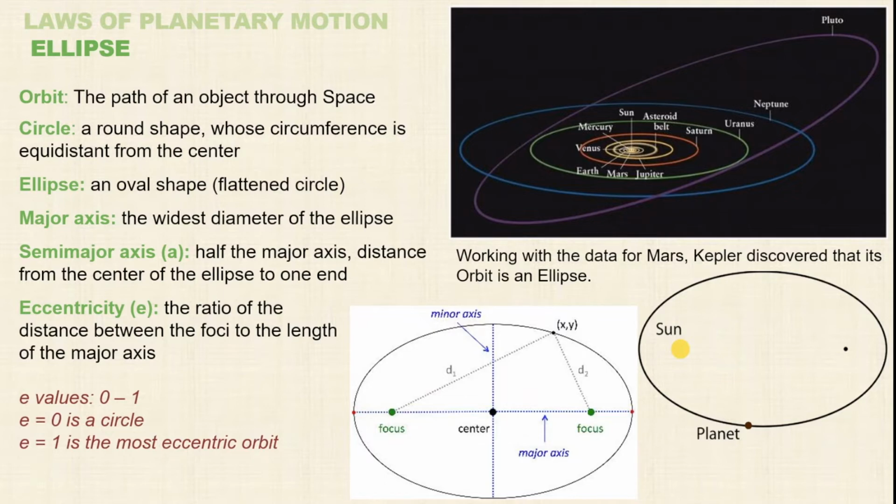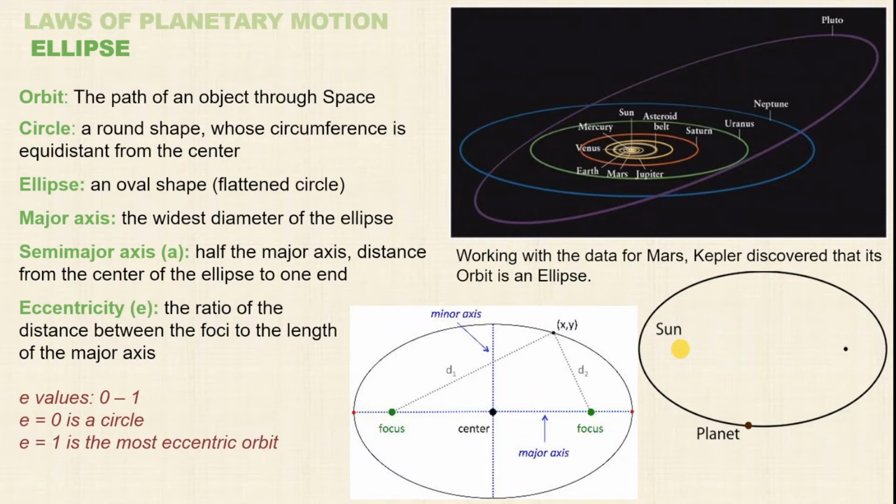For moons, the central body would be their planet. For planets, their central body would be the sun. And even our solar system is on an orbit around the center of the galaxy, where there is a supermassive black hole. That path is the orbit.